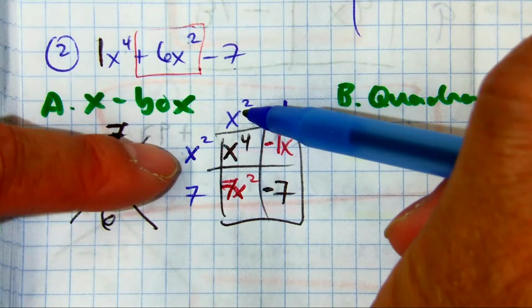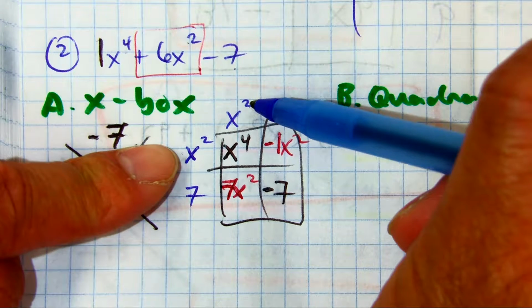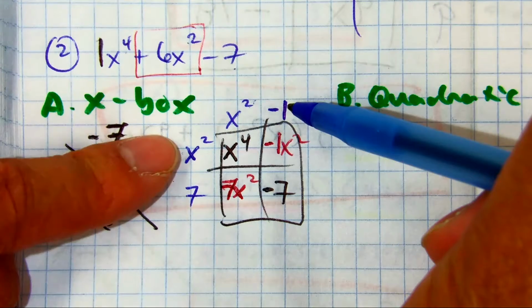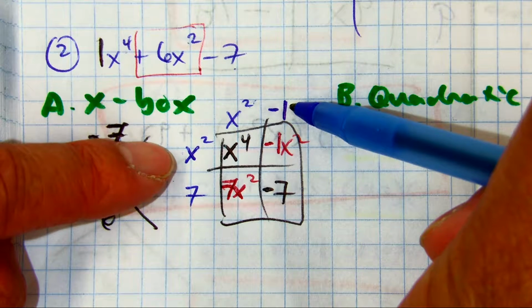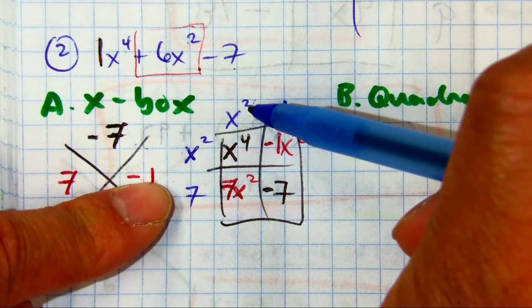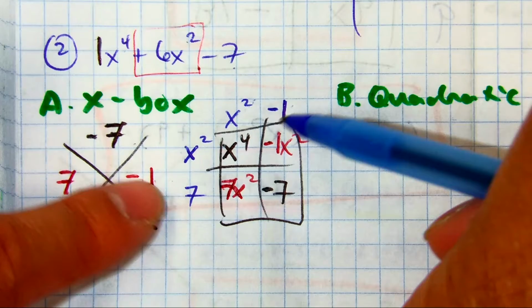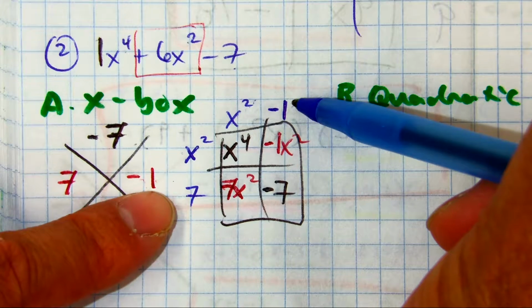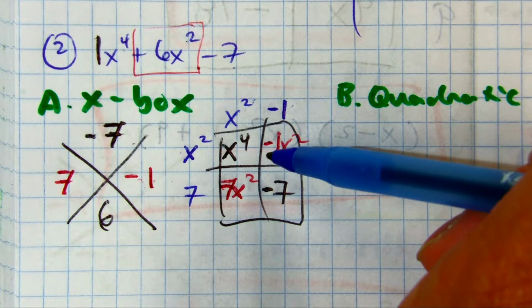Joseph, go ahead and multiply for us. X squared times x squared. -1 times x squared. X squared times 7. Positive, right? Yeah. And then -1 times 7. -7.